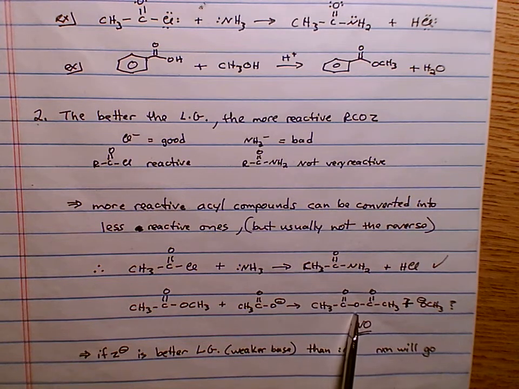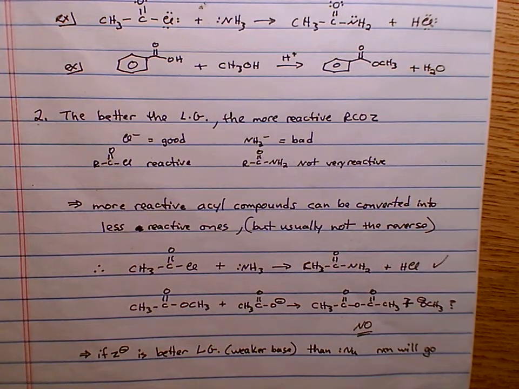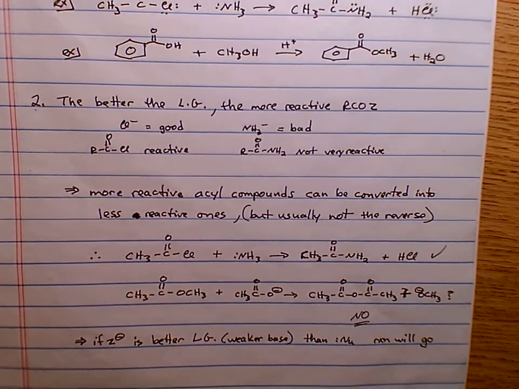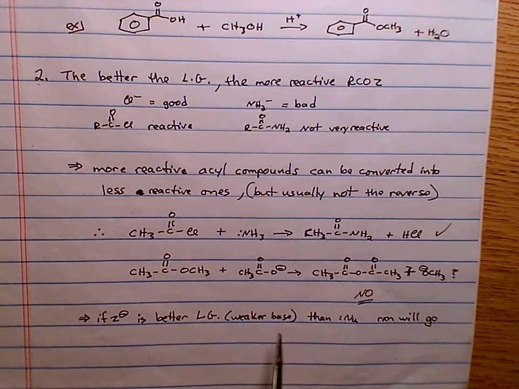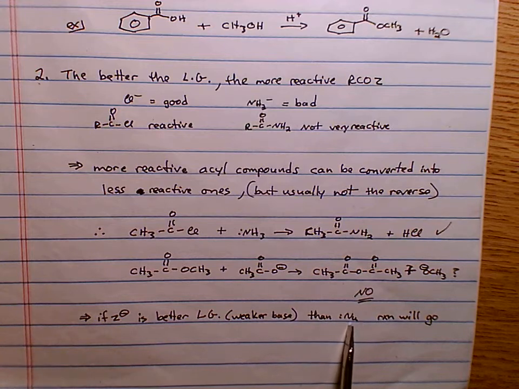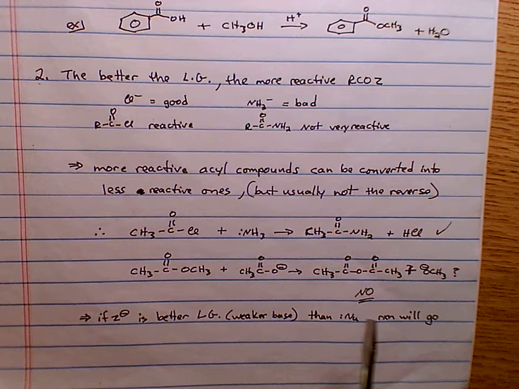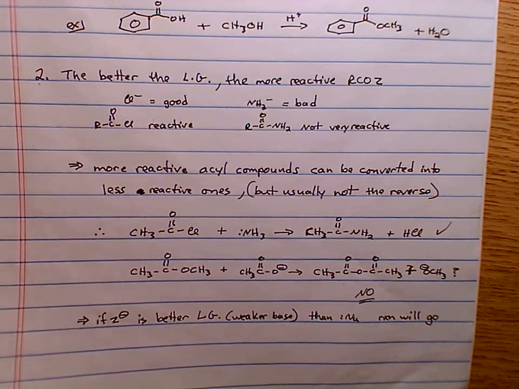And so this is more reactive. Anhydride is more reactive than an ester, so this reaction probably won't work. And as something we did learn from Chapter 7, if Z minus, the leaving group, is a weaker base than the nucleophile, then the reaction will go. The leaving group always needs to be the weaker base than the nucleophile.